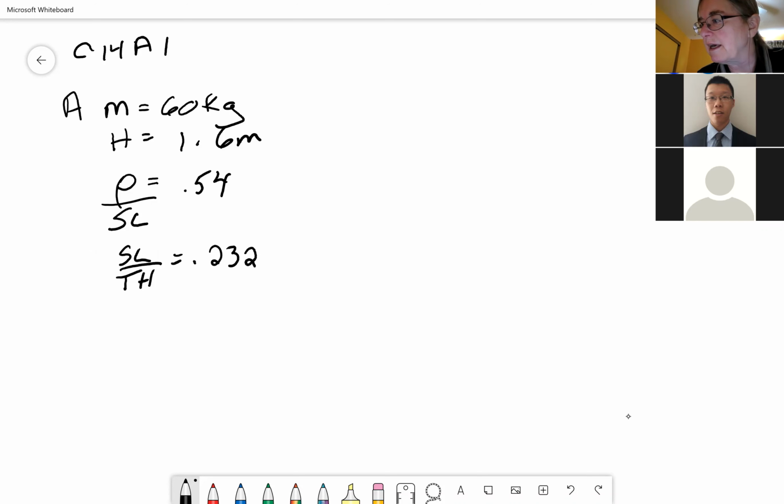And the mass of the thigh is divided by the total body mass.